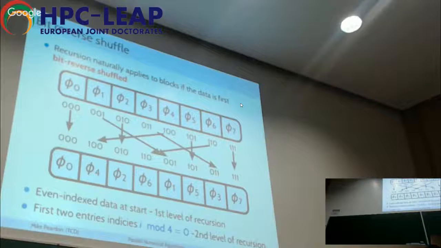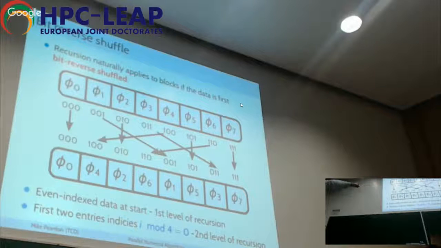This is it done for a length 8 array, just again to keep things nice and simple, but the idea generalizes. Here's the original array, phi 0 to phi 7, sitting in my computer's memory, one next to the other, sequentially. After this shuffling, I want it in this order written out at the bottom, which looks a bit strange, but if you look at it, you see it's basically what we need for this recursion to apply effectively.